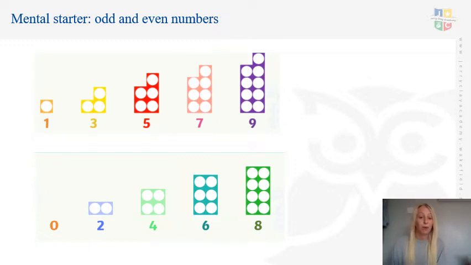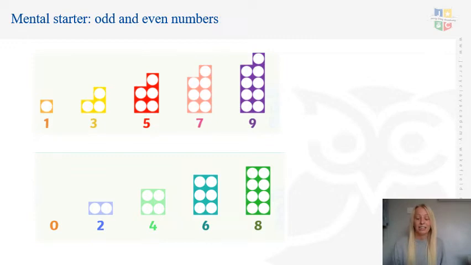And then if you look on the bottom row at our even numbers, you can see they're even because they're all in groups of 2. So they've all got a little partner to show that they're in groups of 2. So you can see 2, 4, 6, 8, so our multiples of 2 and counting in 2s are all even numbers, but any numbers that are odd don't have a pair, so they have got 1, 3, 5, 7 and 9.